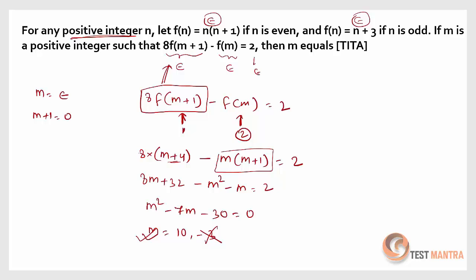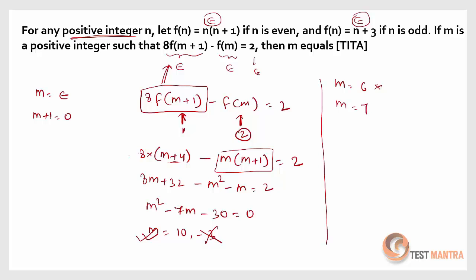Lesser is not possible because suppose I have taken 6 here, so 6 into 7, and it's 6 plus 4, 10, so definitely not possible here, so it should be greater than 8. But let's check. Suppose m I have considered 6, so 6 into 7 is how much? 42. That means this value has to be 44, which is not possible here.